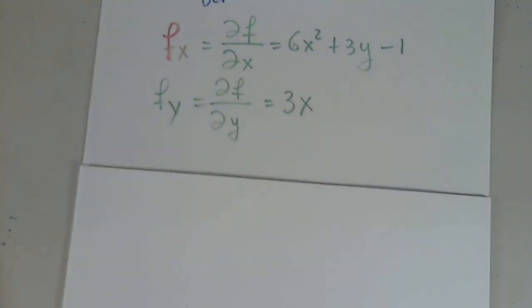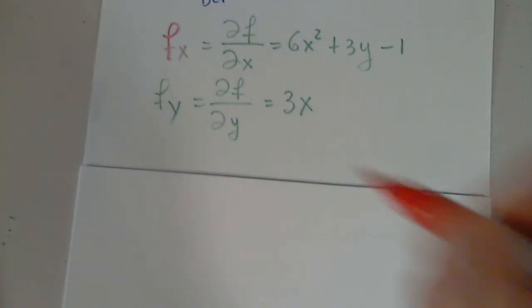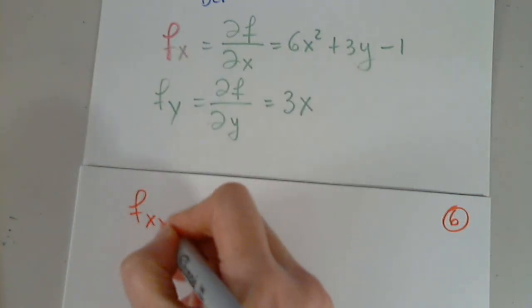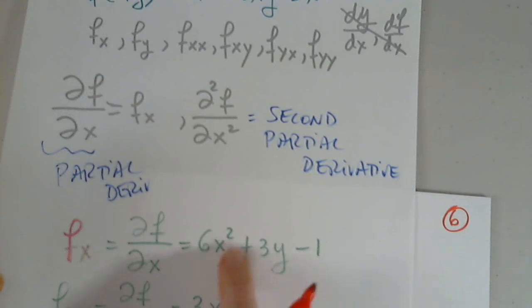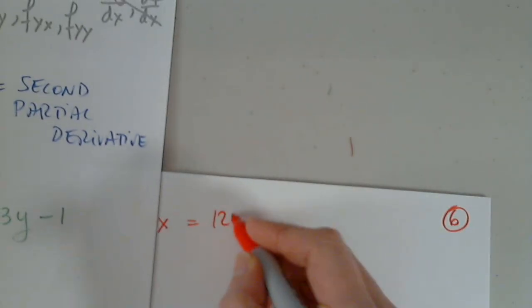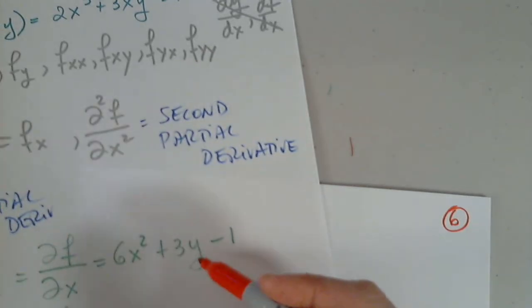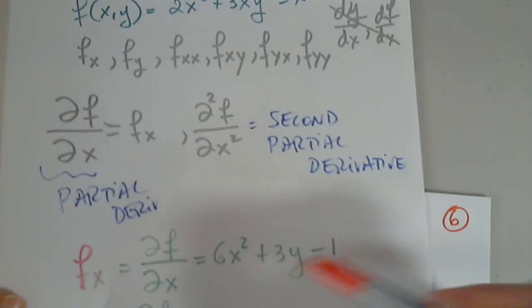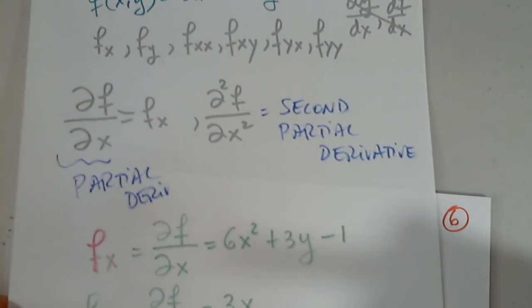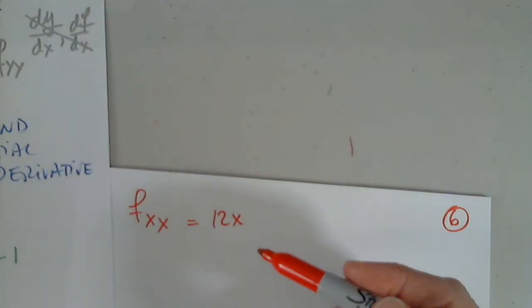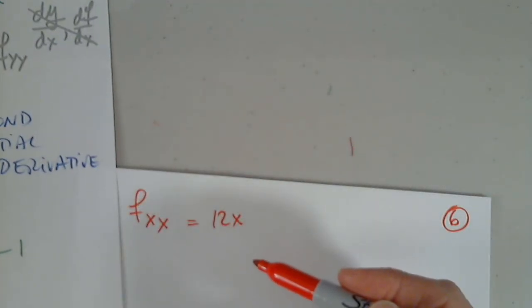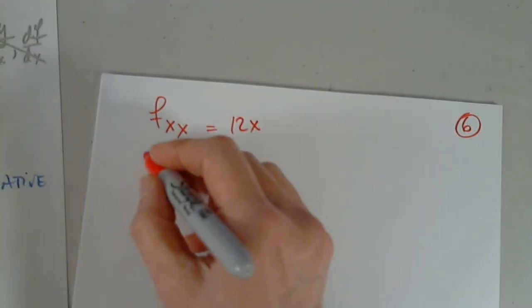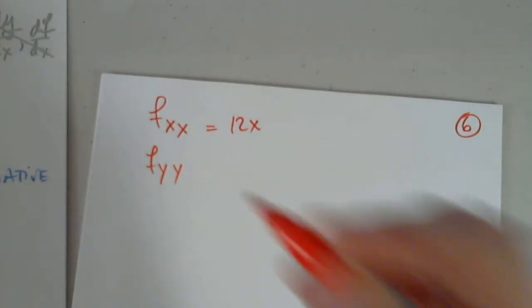Now let's suppose we want to determine the second derivative with respect to x. I go back to the first derivative. I differentiate the first term and I get 12x. But this is fixed and this is fixed. These are numbers. So when I differentiate, I get 0. So that's it. Now let's differentiate fyy.